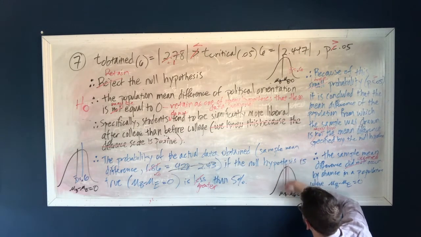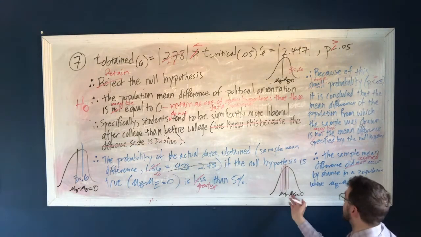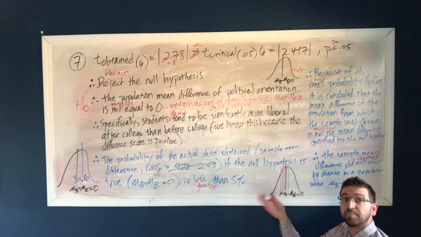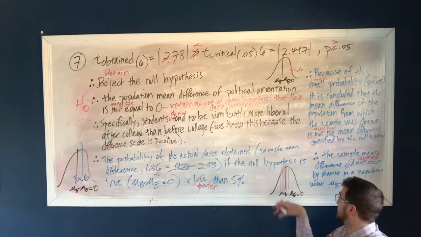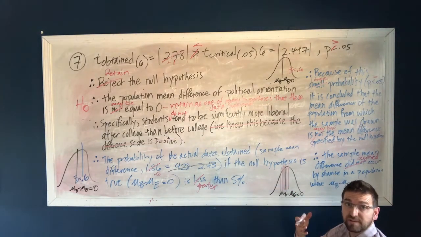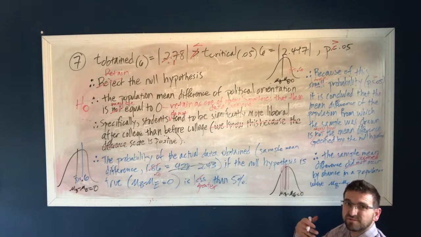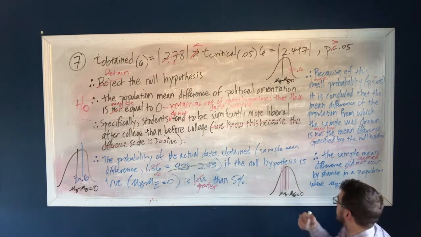So remember, sampling error, we talked about this already. So if the null hypothesis is true and you sample from that population, you would expect values that are close to the population value of 0. Okay? The probability of getting those values would be greater than 5%.